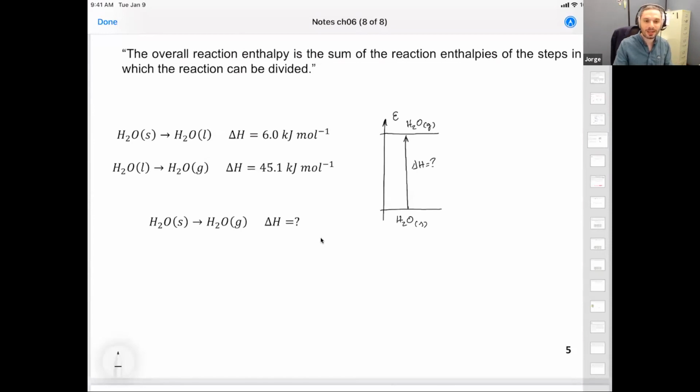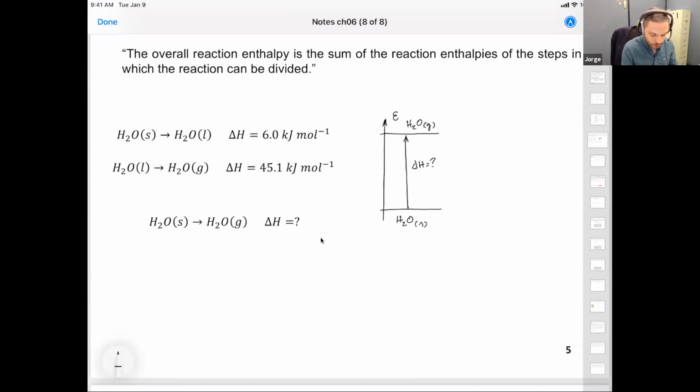The intermediate reactions are going to break down this whole pathway for the problem reaction. So we broke down in two parts, first going from solid to liquid, and then from liquid to gas. So one big step was broken down in two small steps.